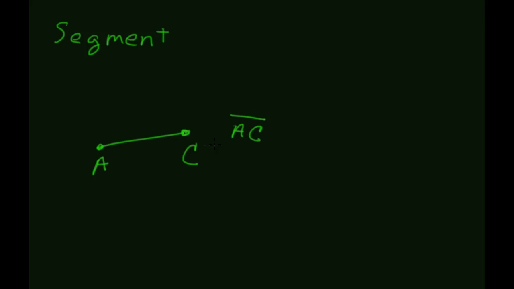So that means that we have a segment: it's point A, it's point C, and all the points in between them. There's an infinite number of points here. We also call point A and point C the endpoints of the segment. So A and C have a specific name, namely that they're called endpoints. This is the unique identifier of a segment.